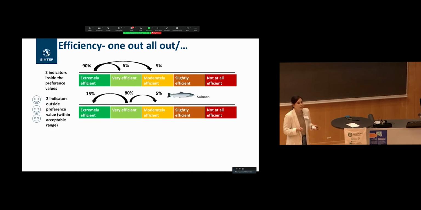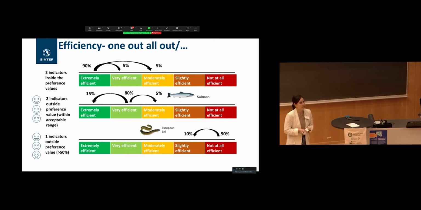If you have 2 indicators outside the preference value but within your acceptable range, which was the case for the salmon, then you say 80% probability of being efficient, and the rest goes to the other 2. And if you have, for example, 1 outside, you can say one out, all out, so it will be 90% probability of not being efficient, and 10% slightly.